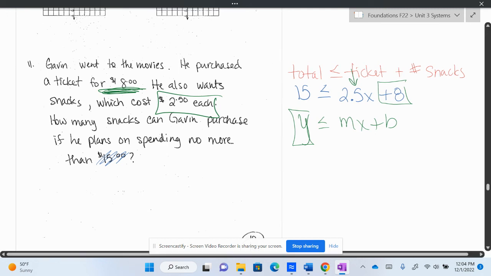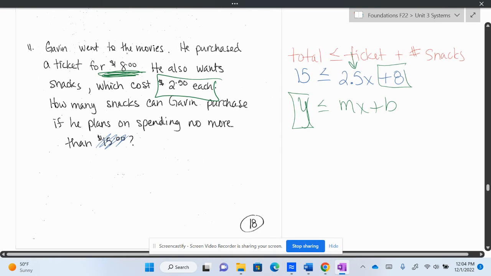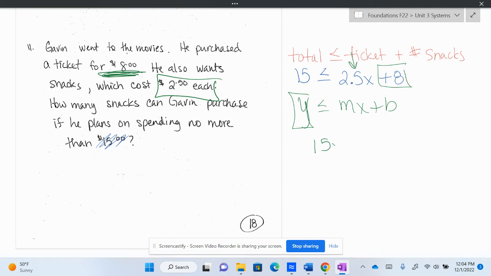How? How do you know that? I'm going to stop you for 1 second. How do you know he had $7 left? Oh, so you subtracted 8 from both sides in your brain? Okay. Keep going.